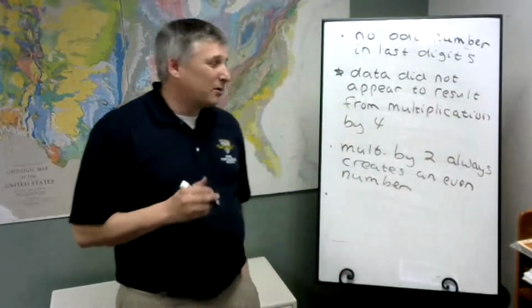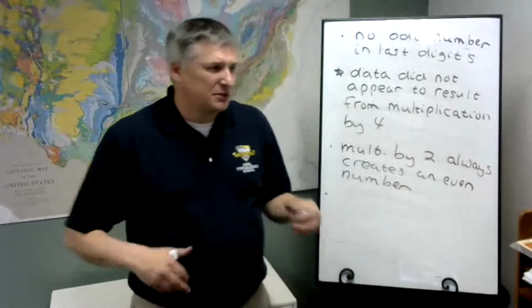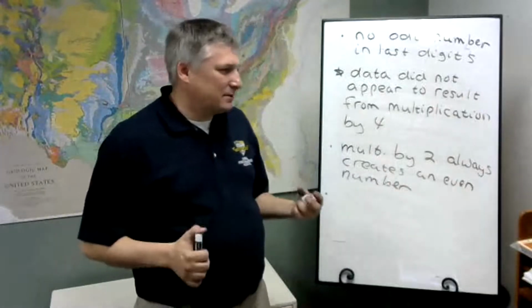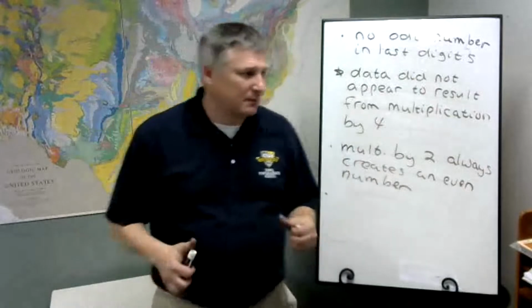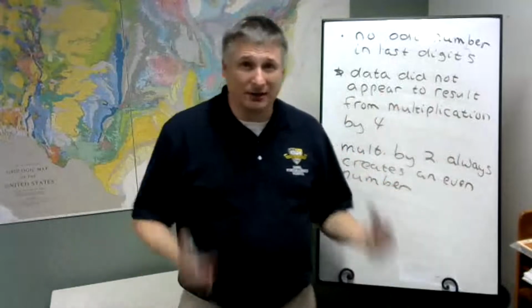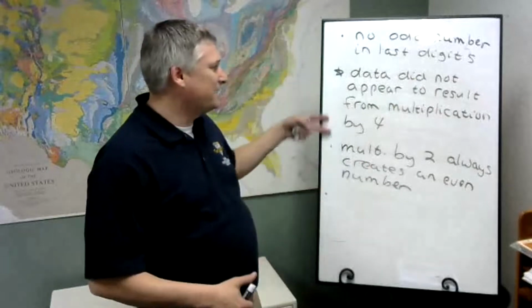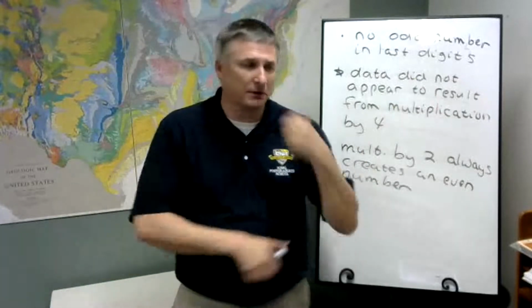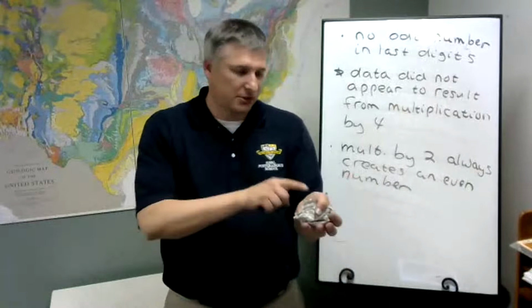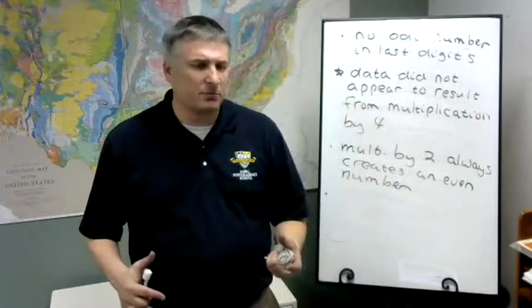So what's probably going on here is this. Based on looking at the frequency table of last digits, seeing that there are no odd number last digits and only even numbers, that must mean all the pulses are even numbers, because even numbers will have an even last digit. Odd numbers will have an odd last digit. So since all the last digits are even, and it doesn't look like any of these are the result of multiplication by 4, it suggests that whoever's collecting the pulses was collecting them for 30 seconds. And after 30 seconds, you'll get an odd number or even number of pulses.